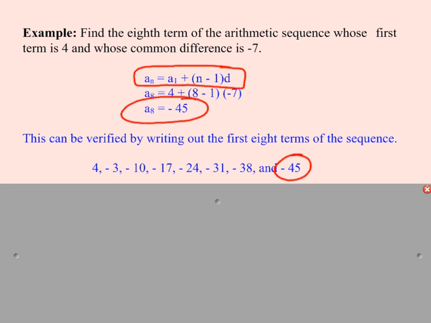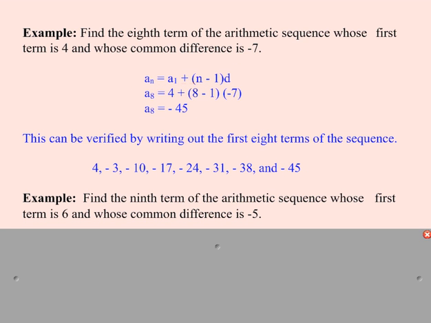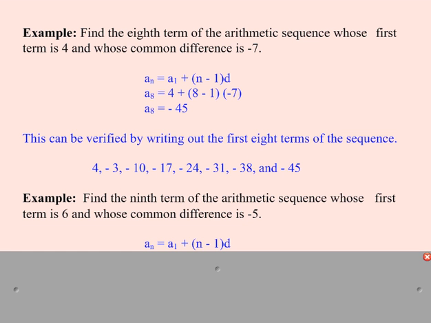All right, let's look at our next example. Find the 9th term of the arithmetic sequence whose first term is 6 and whose common difference is negative 5. So once again, we start with our arithmetic formula, or our recursive formula.